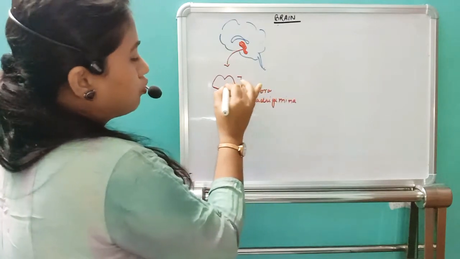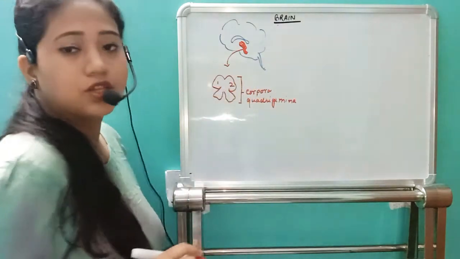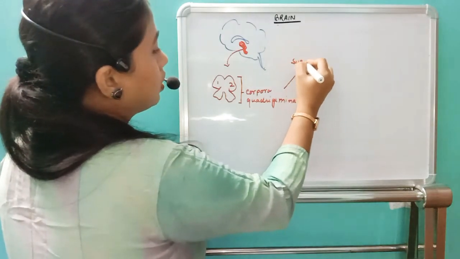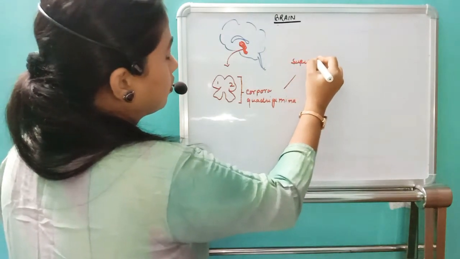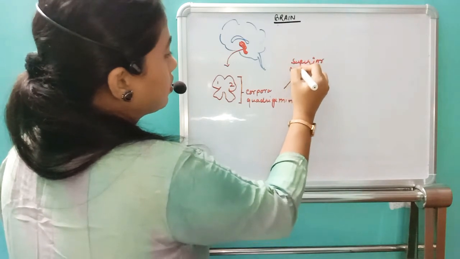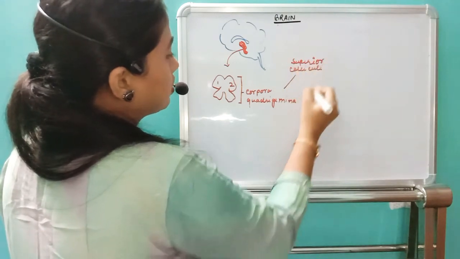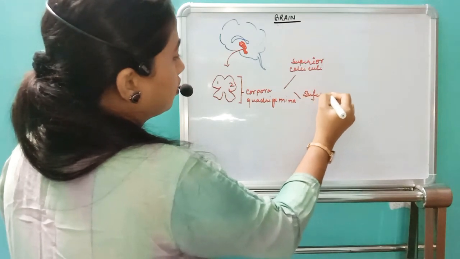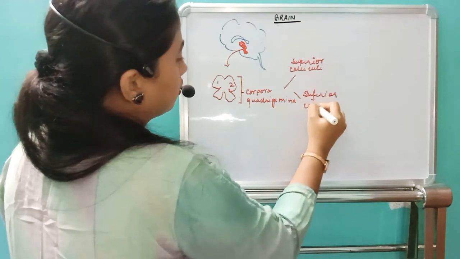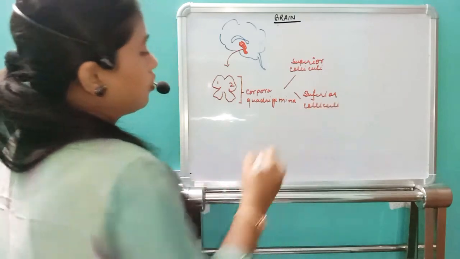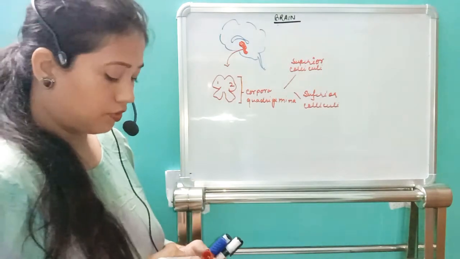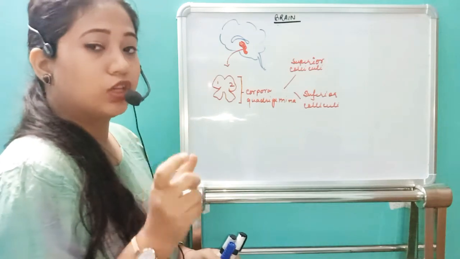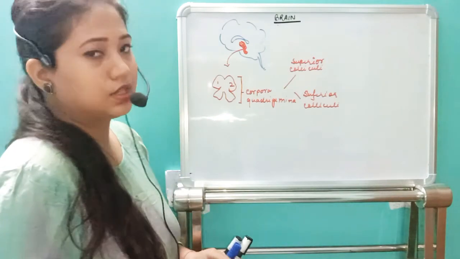So this upper 2 lobes, first and second, they are called as the superior colliculi. And then we have the inferior colliculi. There are 4 colliculi. The word colliculi means a smaller hill-like structure.